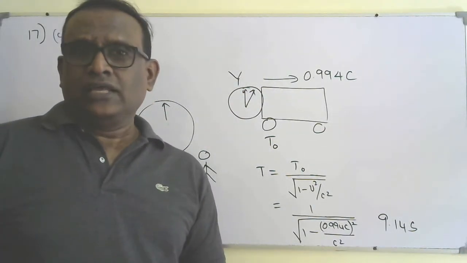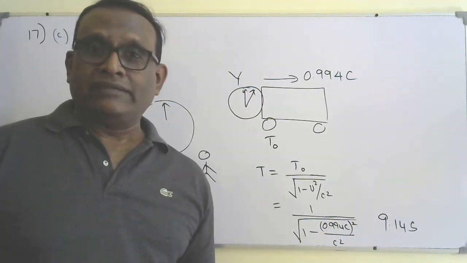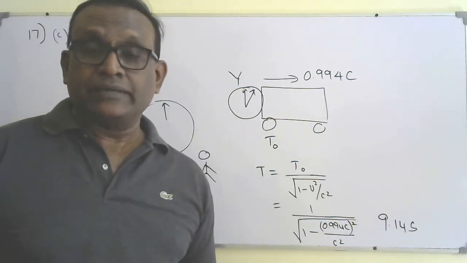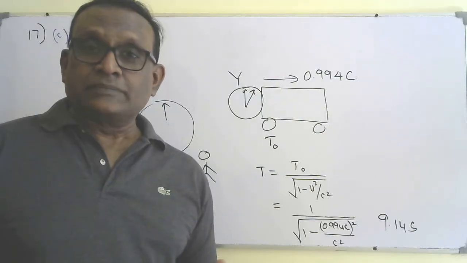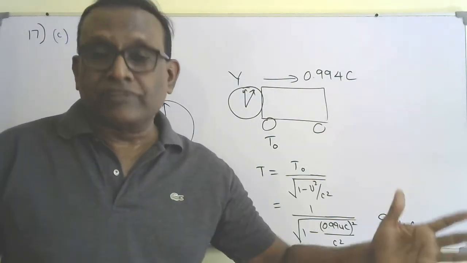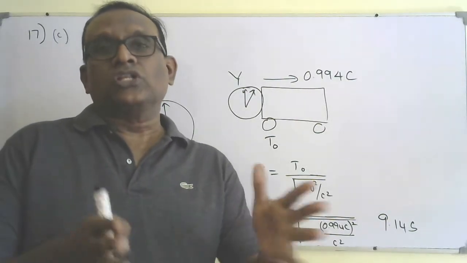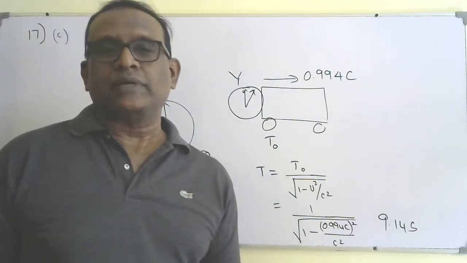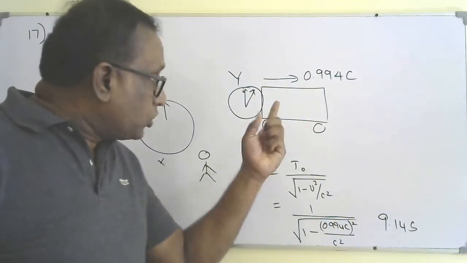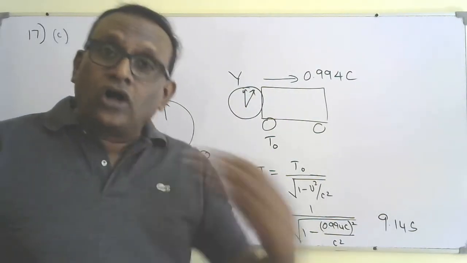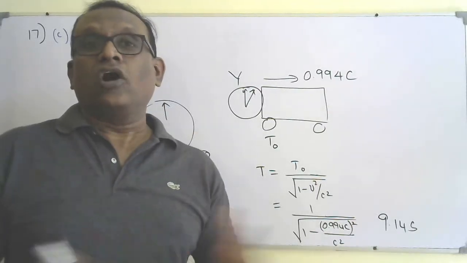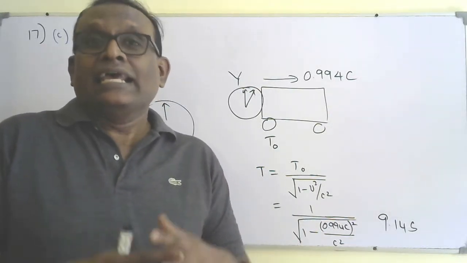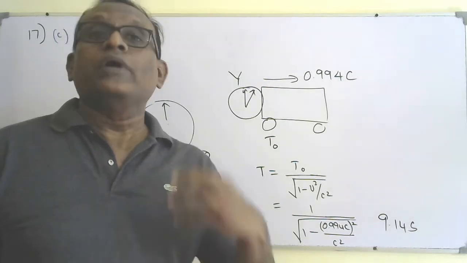Not only the clock. According to the special theory of relativity, the first postulate Einstein made is that all the physics principles must be the same in all frames of reference. Frame of reference means the coordinate systems. Too much for you, but anyway. So that means not only the clock slows down, all the laws should be the same, even the chemical reactions will slow down.